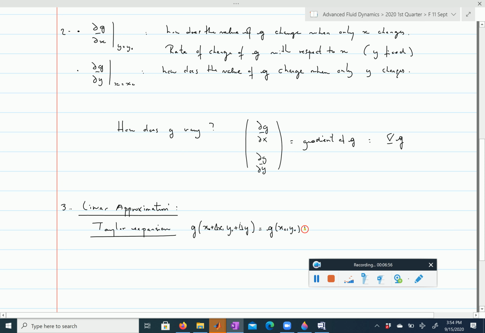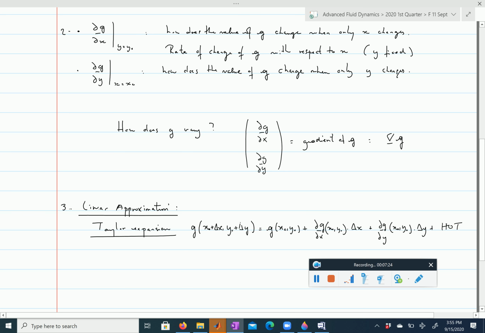You would have to add partial g, partial x at x0, y0 times delta x, plus partial g, partial y at x0, y0 times delta y, plus, if this is an equality, higher order terms that will scale with delta x squared, right?